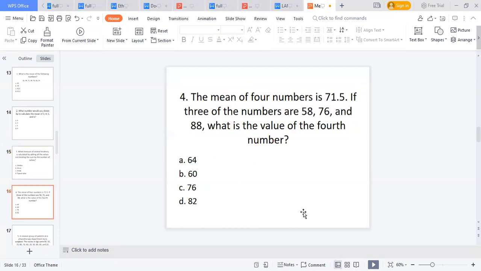The mean of four numbers is 71.5. If three of the numbers are 58, 76, and 88, what is the value of the fourth number? 3 minutes.